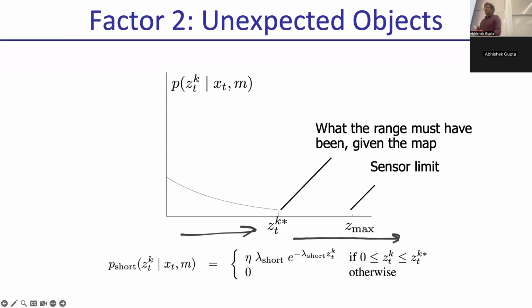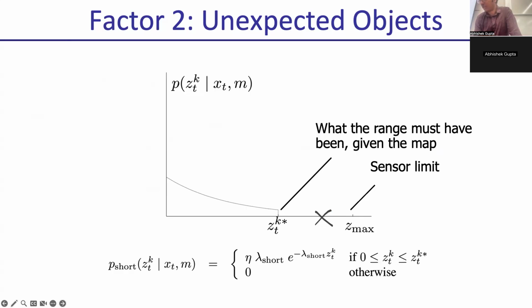Imagine this was the obstacle, and the unexpected object was here, and the LiDAR was shooting from here. It's going to hit our obstacle first. It's not going to hit the unexpected object because it's after. So you don't need to worry about any distance that is further than the true distance, because it's going to hit the true obstacle first.